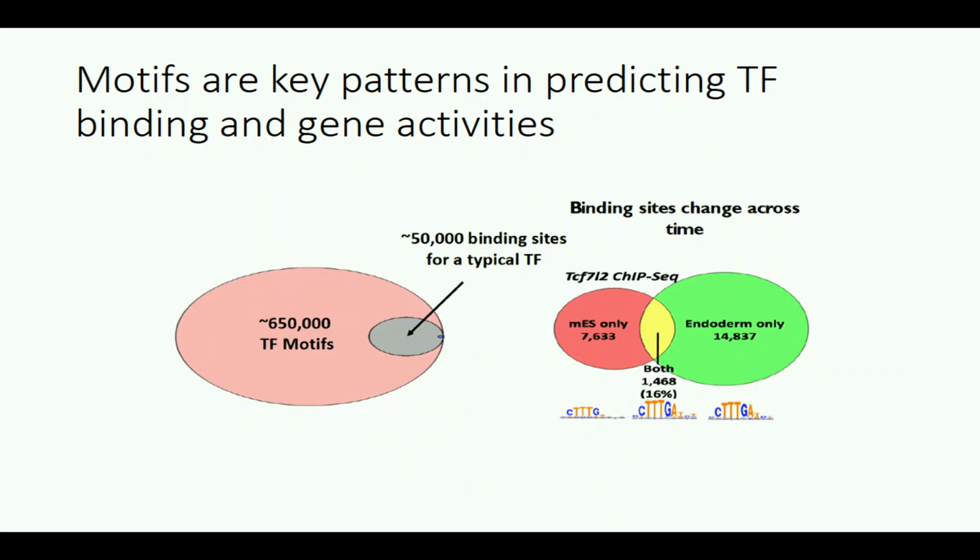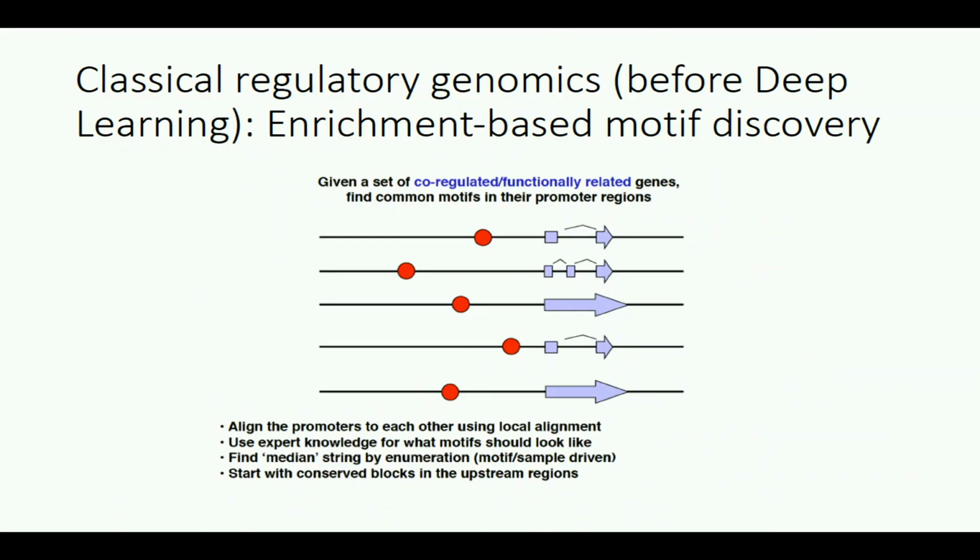So a lot of these classical bioinformatics algorithms are just trying to make use of these different copies of transcription factor binding sequence and find common patterns from there, such that we can identify what we call a motif. This is also called the field of motif discovery.